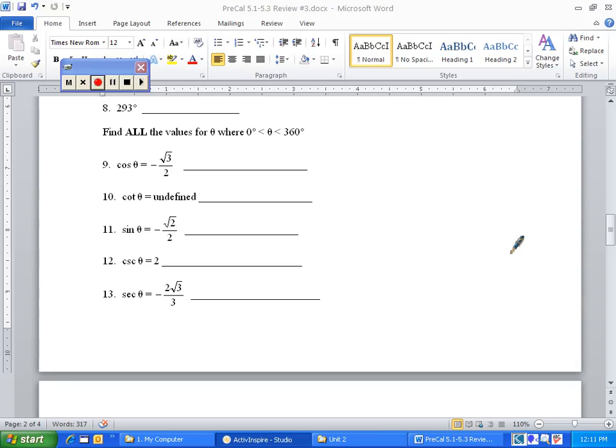Now, I normally see square root of 2 over 2 here at 45, which means I'm going to see it here at 135, here at 225, and here at 315. Since I'm looking for a negative sine value, I can cross out my values from the first and second quadrant, which means the answer to this question would be 225 and 315.